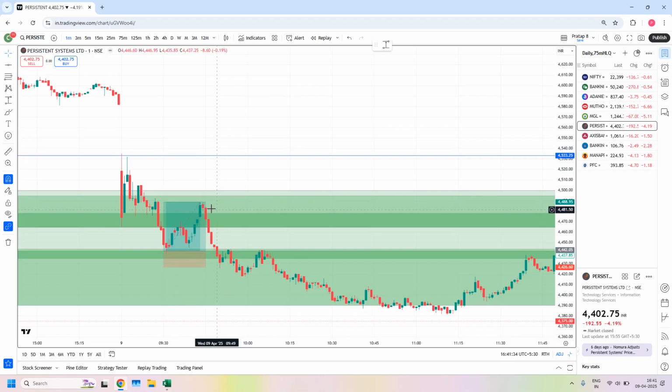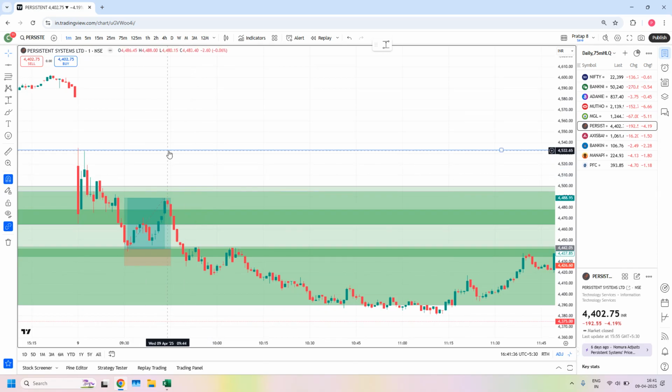If not 1:3, you are aiming for more target and it is stopped out. You might have closed it at 9:46. Either you might have closed it at 9:43 with 1:3 RR, or at 9:46 with a trailing stop. So let us assume the worst case scenario: at 9:46 your trade is closed.